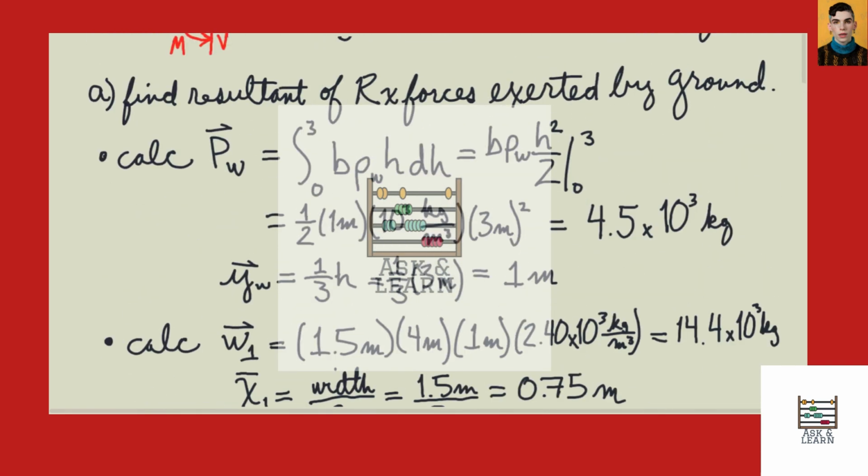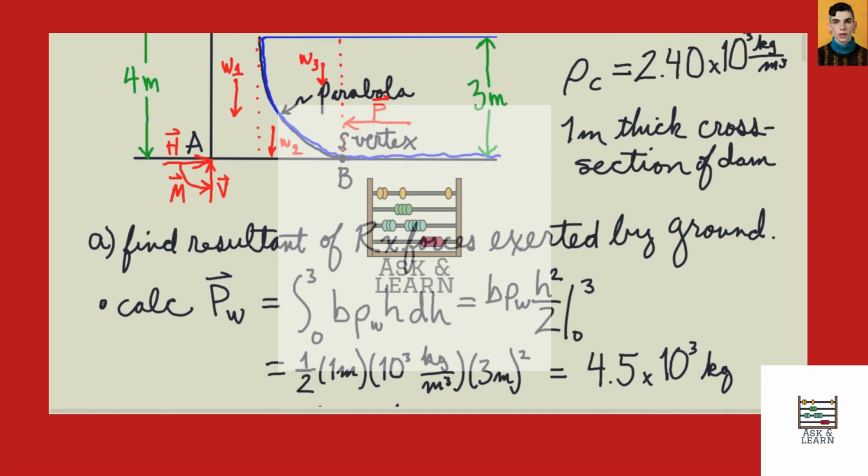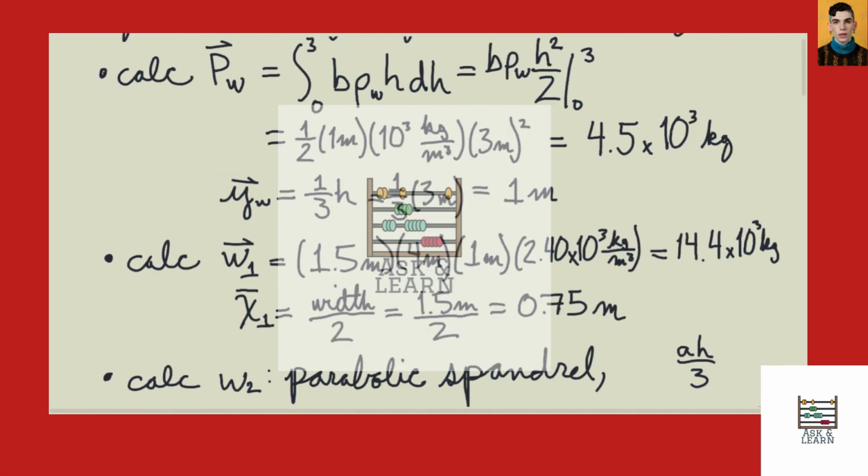Next, we will calculate the weight of the rectangular portion of the concrete. That's simply base times height, a base of 1.5 meters, a height of 4 meters, and a thickness of 1 meter, times the density of concrete, which is 2.4 times 10 to the third kilograms per cubic meter.